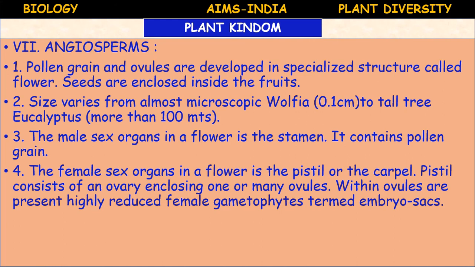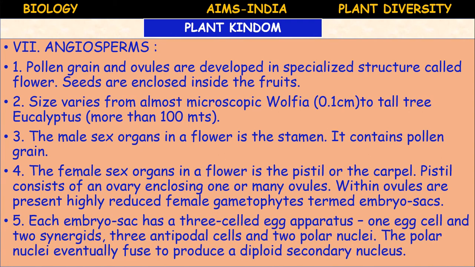Within ovules are present highly reduced female gametophytes, which is termed the embryo sac. An embryo sac consists of 7 cells: an egg cell, 3 antipodals, and 3 synergids, and a secondary nucleus also.